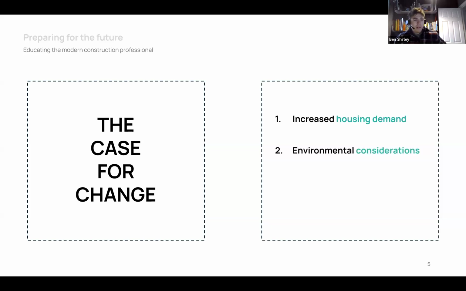There are environmental considerations we need to think about when we're talking about conventional construction approaches, due to building quality, material use, and potentially inefficiencies in the construction process. All of this is to say there is a necessity for improved building quality and methods.